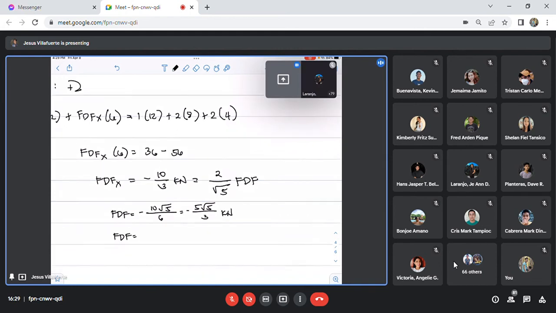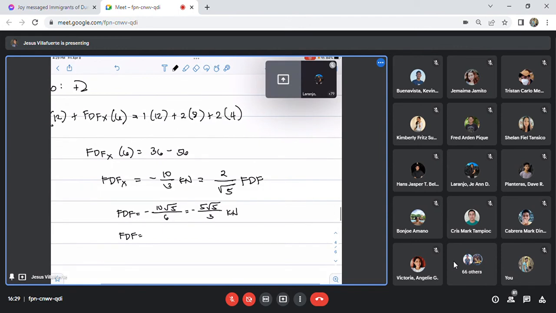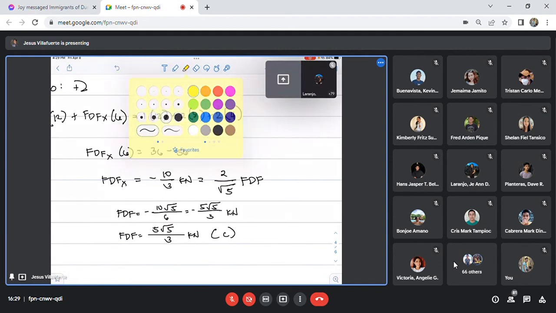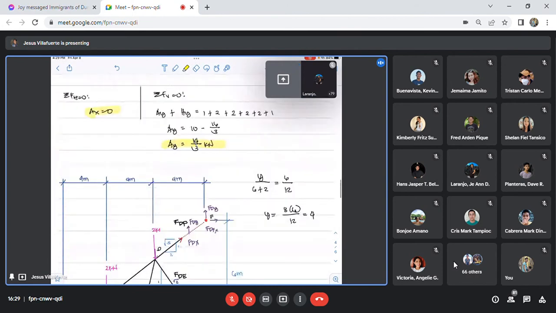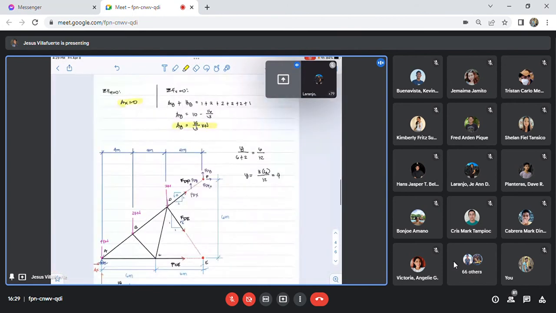So how much, class? Or 5 the square root of 5 over 3 kilonewton, that is in compression. So this is how you have calculated your member FDF.